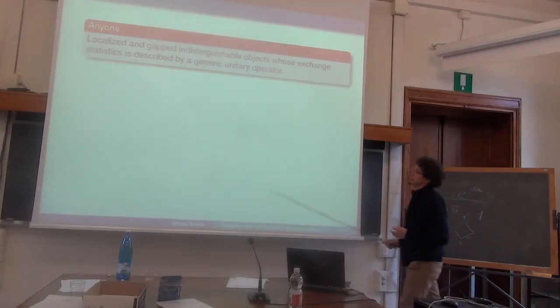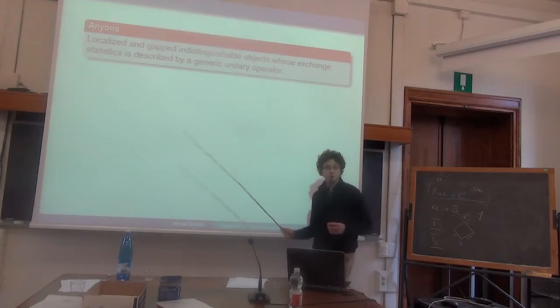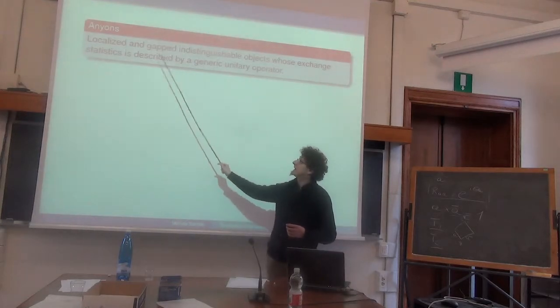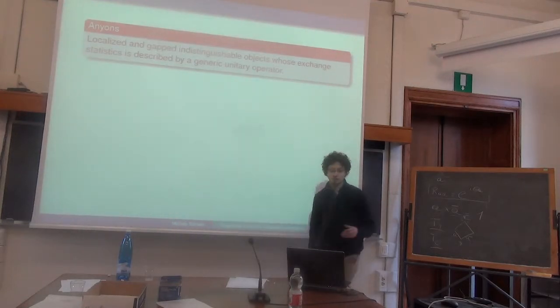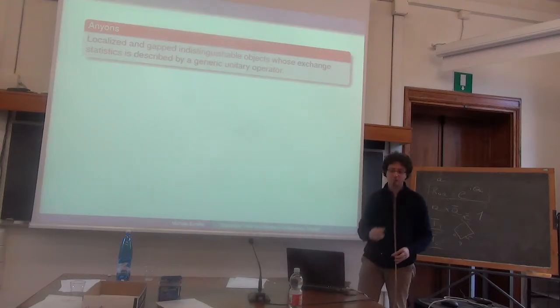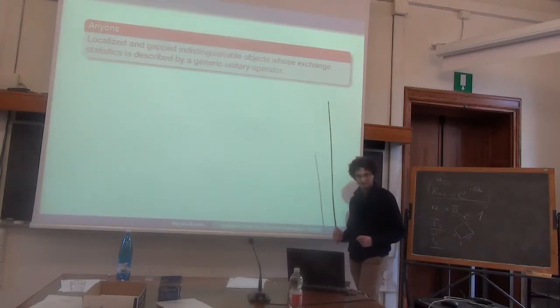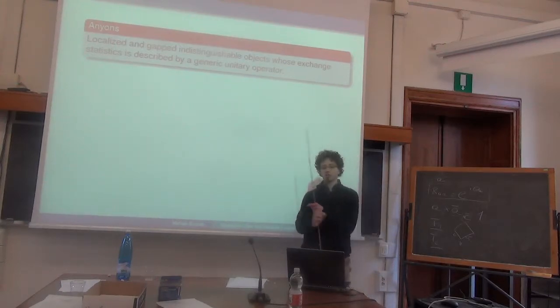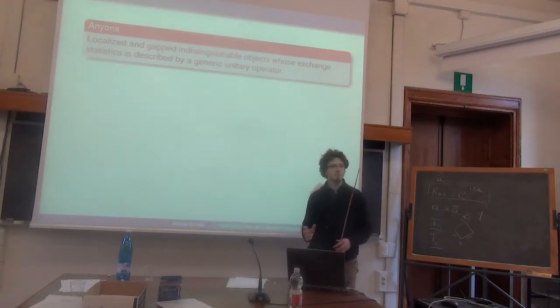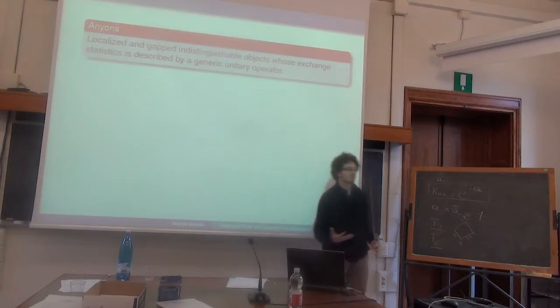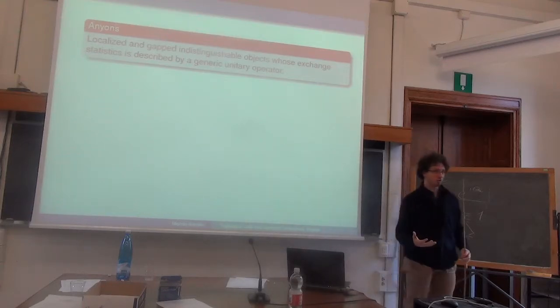Let's start by saying that anyons must always be localized gapped excitations, and they must be indistinguishable from themselves. And furthermore, they live in a two-dimensional system, and when I exchange the position of two of them, I have to represent this process with some non-trivial unitary operator in general.